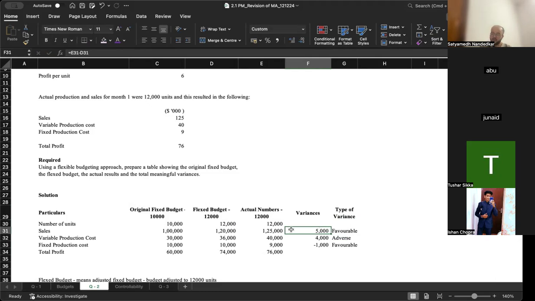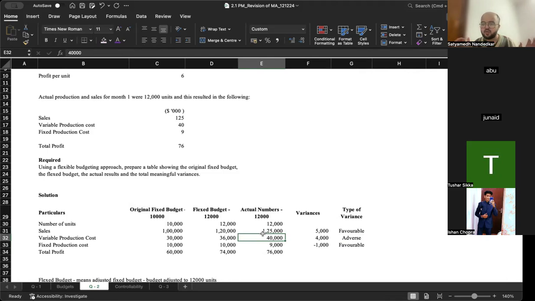If you would have done 120 minus 125, you would have gotten 5,000 negative. But positive or negative sign is not what you're supposed to look at. What you should be checking is basically what is your actual number, and have you done a better job or a worse job than the budgeted numbers.